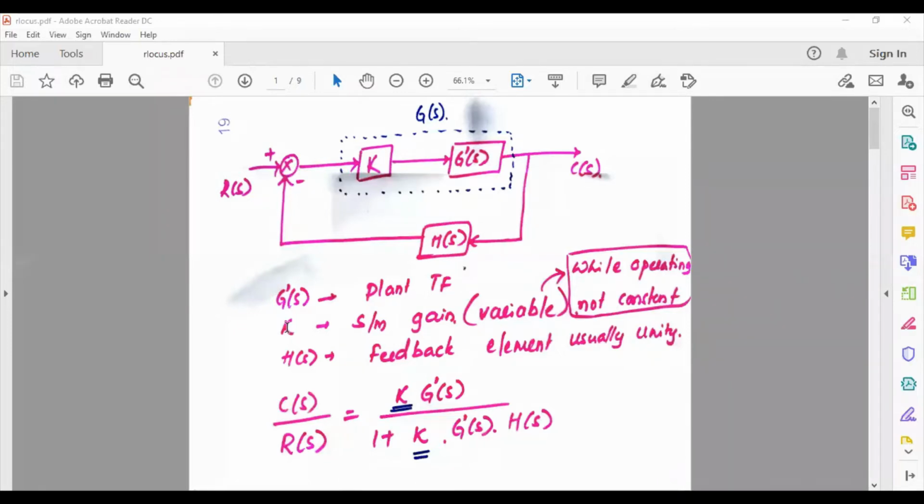So this is how the plant transfer function and the system gain are related. If I remove K in this block and mention only G dash, it is a closed loop transfer function for operating a bicycle.